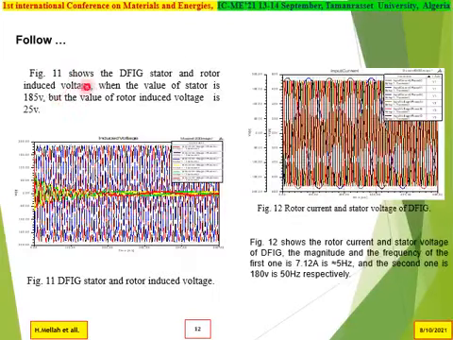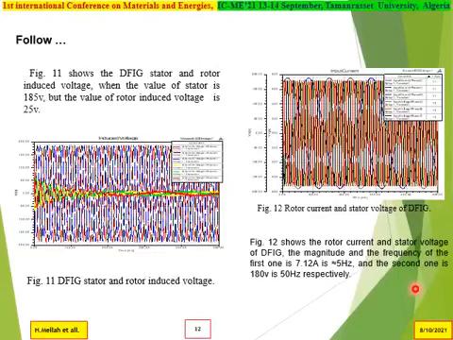Figure 12 shows the doubly fed induction generator stator current, stator voltage, and rotor induced voltage, where the value of the stator voltage is 155 volt, but the value of the rotor induced voltage is only 25 volt, as represented in this figure. The following figure shows the rotor current and the stator voltage of the doubly fed induction generator.